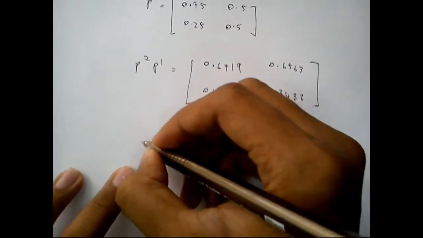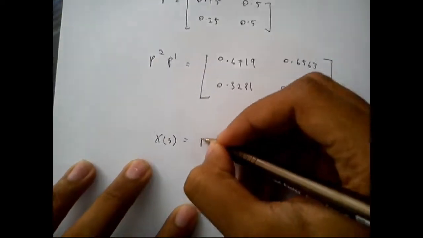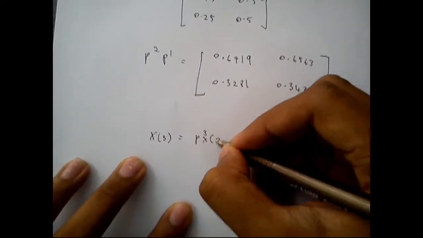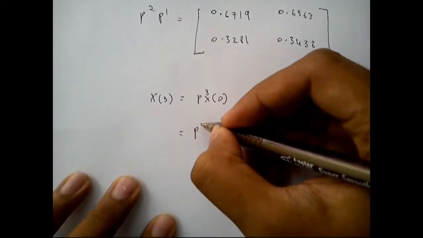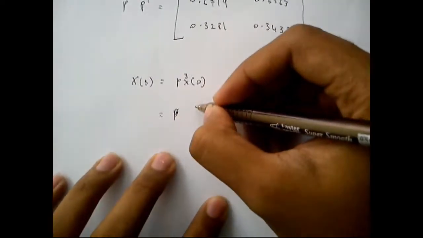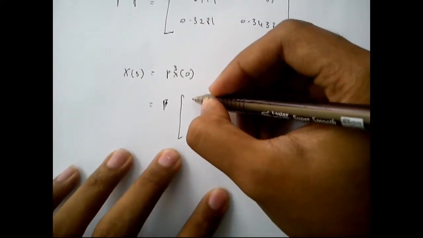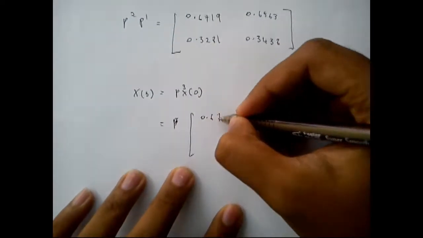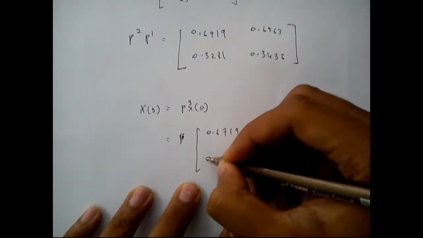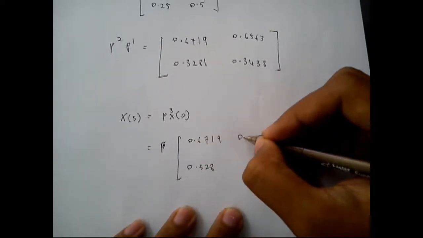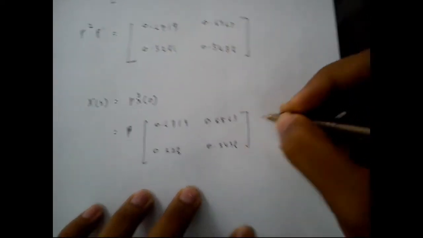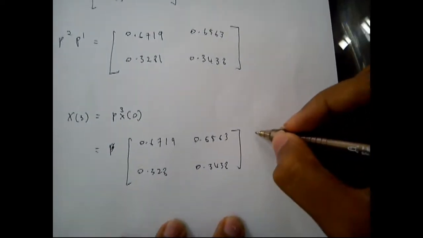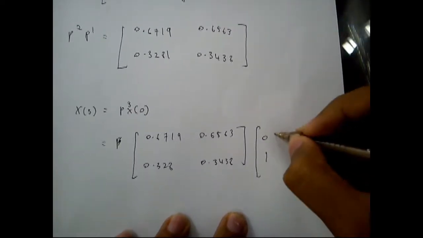Then P3 we multiply with x0, where x0 is 0, 1.